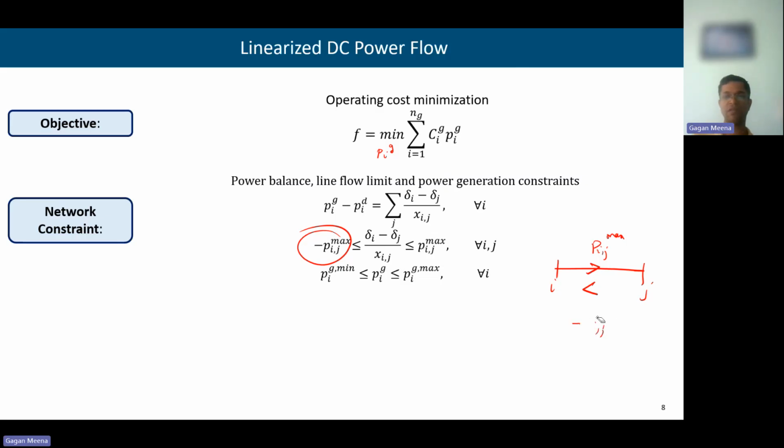That's why it's written like that. We want (delta_i minus delta_j) upon X_ij to be less than some limit, right? But if the current flows in the opposite direction, then this will become (delta_j minus delta_i) upon X_ij less than or equal to P max.